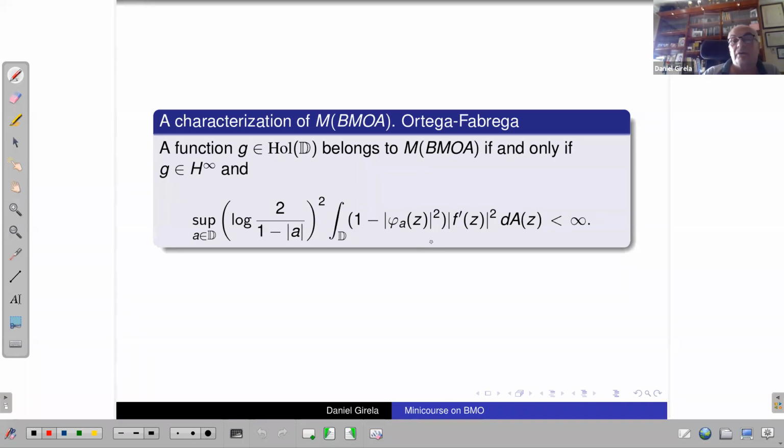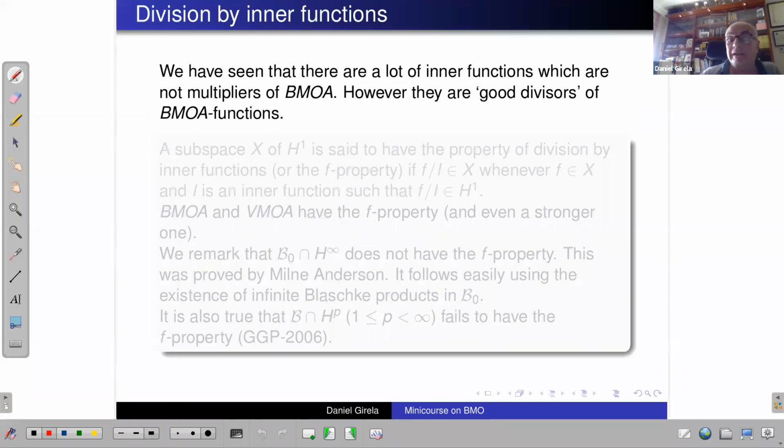So over the years we have been working on special classes of functions, and we have obtained a number of results like this, more or less in the negative way, and some in the positive way also. I have said that Blaschke products or inner functions are not, in general, multipliers.